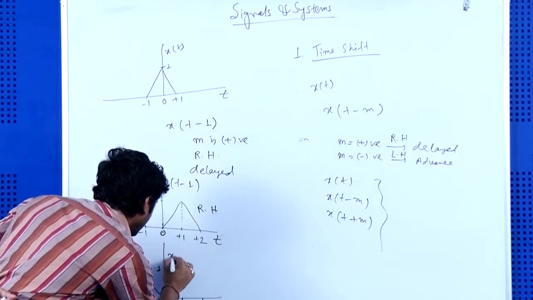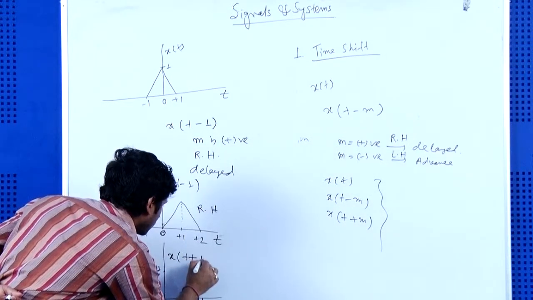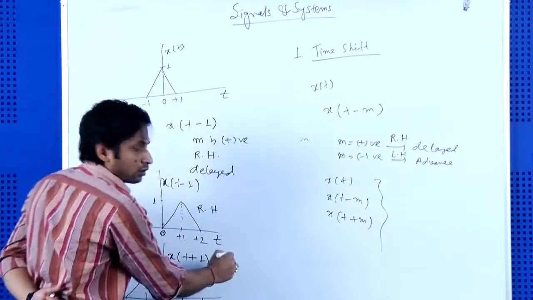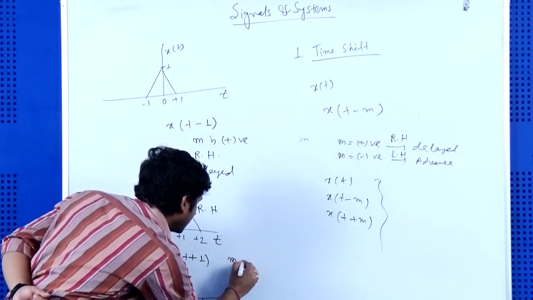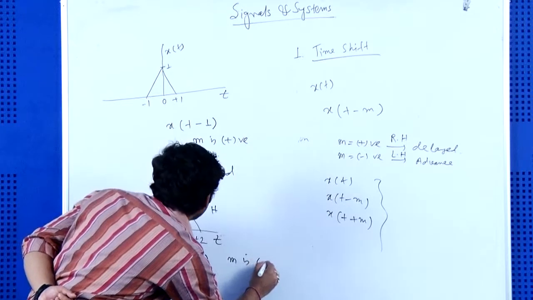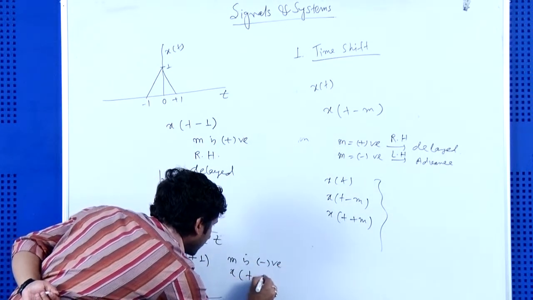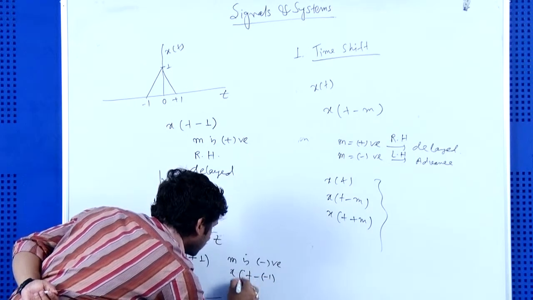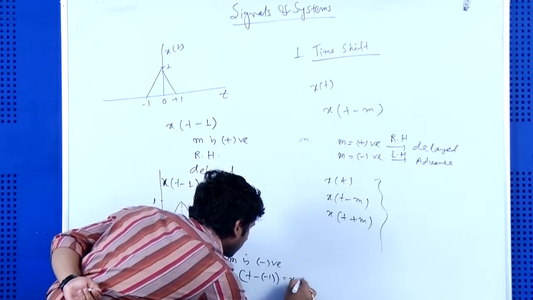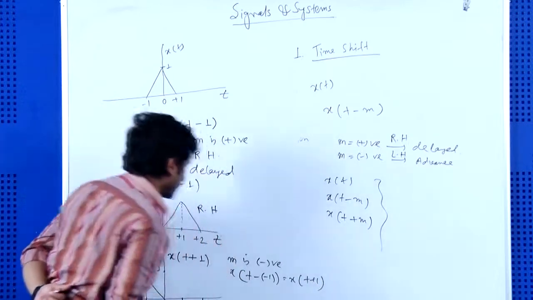Here it is x(t + 1). So, here m is negative, so x(t - (-1)), that is x(t + 1).